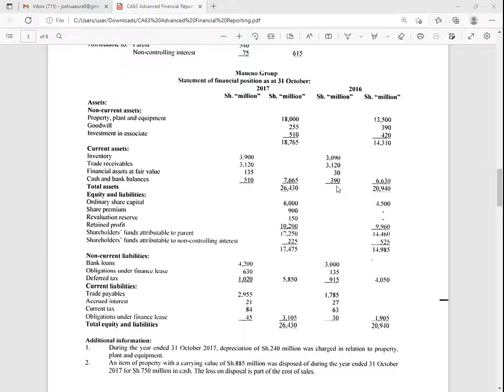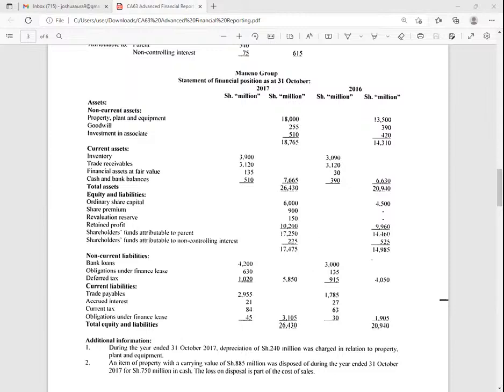If you come here and look at the closing position, what we have here is financial assets at fair value, 135 plus 510. So this one here will give us what figure at the end of the day?